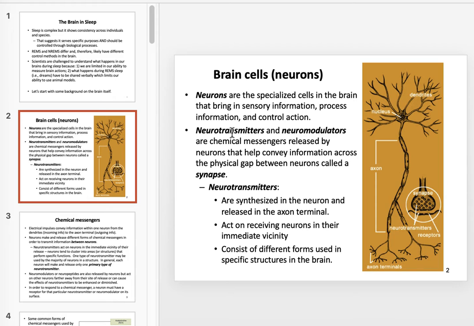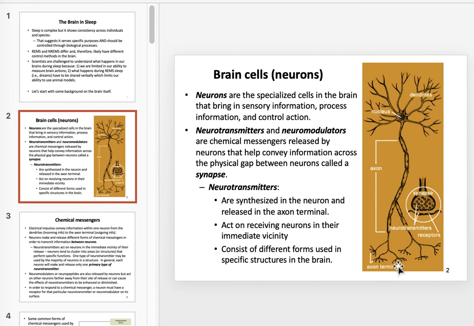Neurons use neurotransmitters as chemical signals. They release them from these axon terminals so that they can pass the message on to the next neuron, and also things called neuromodulators. So importantly to remember, these neurotransmitters and neuromodulators are going to be synthesized in the neuron.